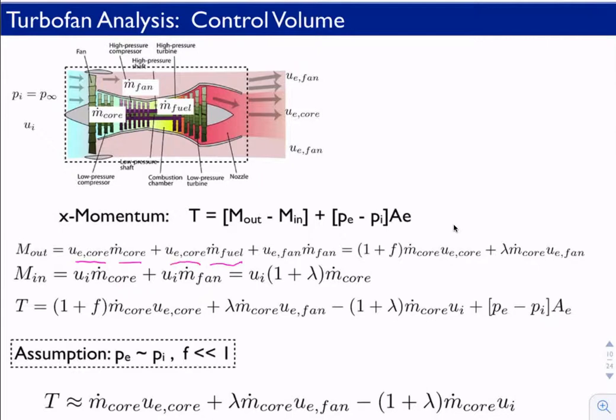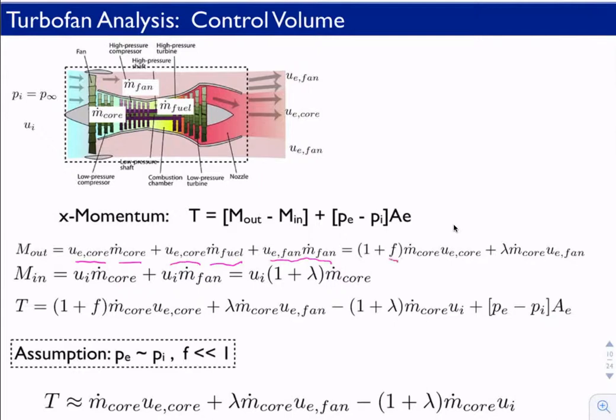We had to consider those two components passing through the exit or exhaust of the engine. But we also have this additional mass or momentum out the back of the fan. And so this is UE, the exit or exhaust velocity of the fan, times the mass flux that passed through the fan.